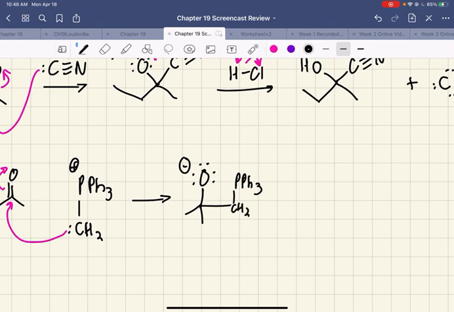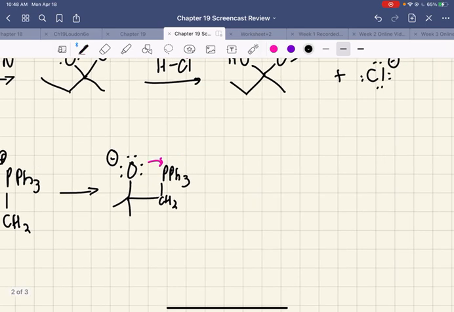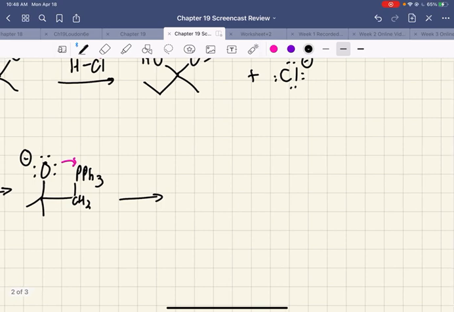Now these lone pairs will create a bond here, causing the formation of an oxaphosphetane. A ring rearrangement will occur, yielding this final product.